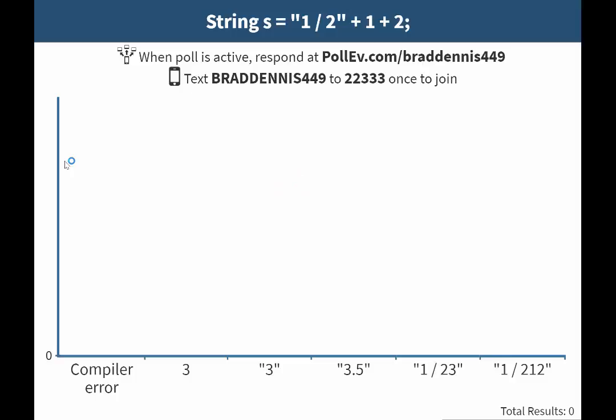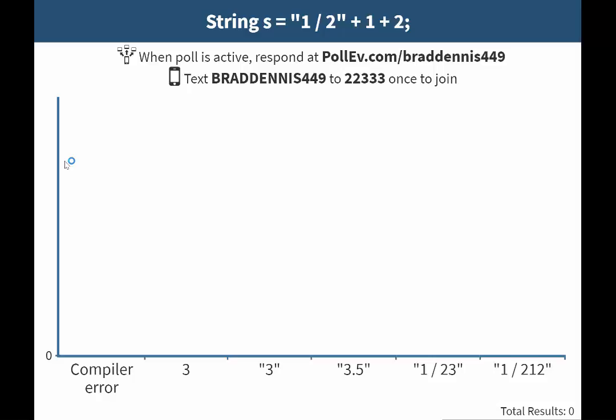Now, what about here? We have string s equal to the string 1 divided by 2 plus 1 plus 2. Who thinks this will become a compiler error? Some of you. Who thinks this will become 3? Ashwin? No, not 3.